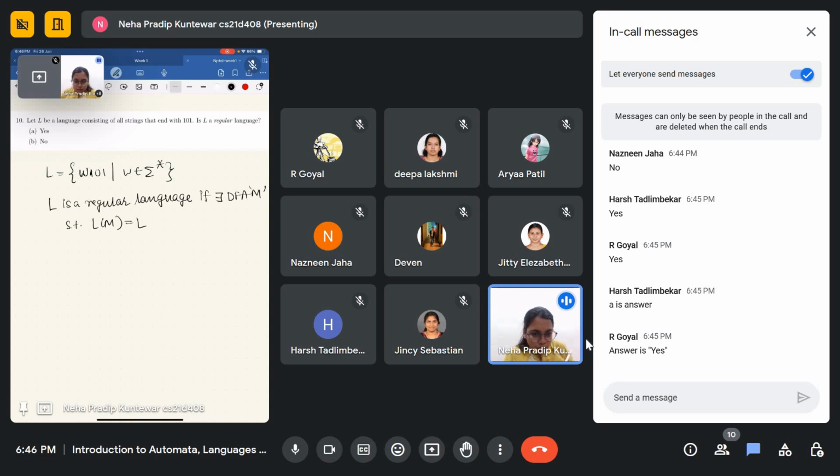That is exactly what we're going to do. In this case, we're going to construct the DFA from scratch.